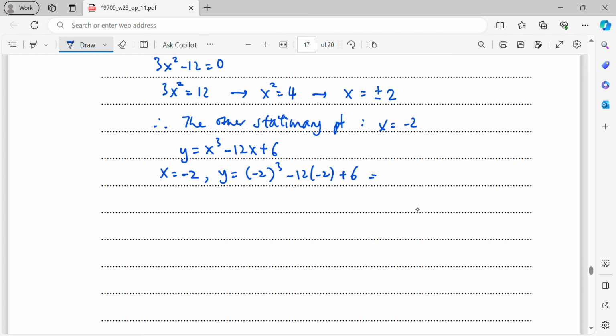So this is going to be positive 22. So therefore, I get the other point. So the other stationary point equals negative 2, 22.